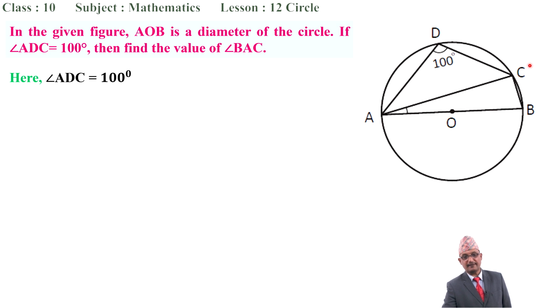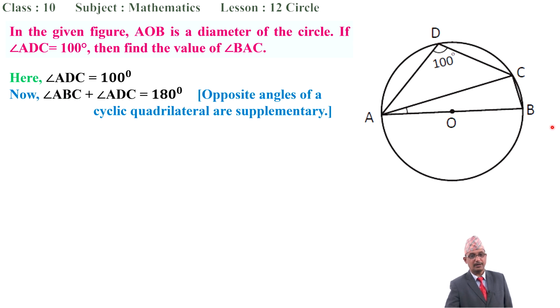So ABCD is a cyclic quadrilateral where angle D and angle B are opposite angles, and we know that opposite angles of a cyclic quadrilateral are supplementary. So what can we write? Angle ADC plus angle ABC equals 180 degree. Look here, ABC means this, ADC means this.